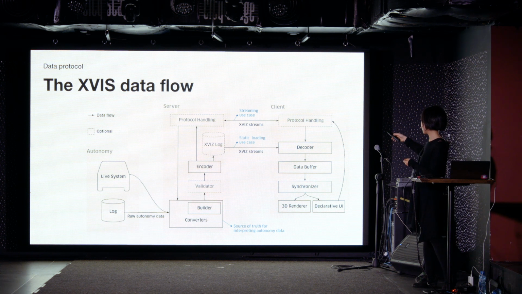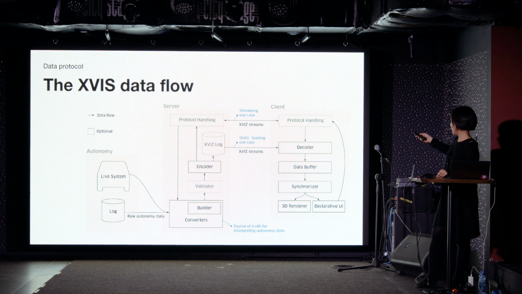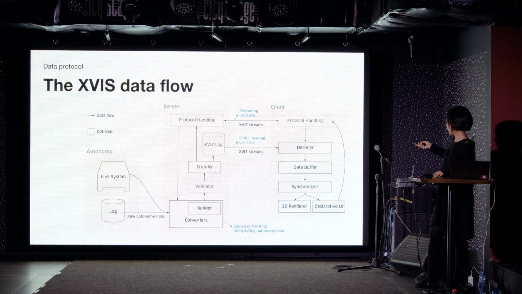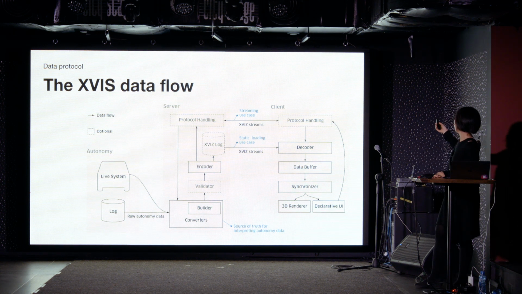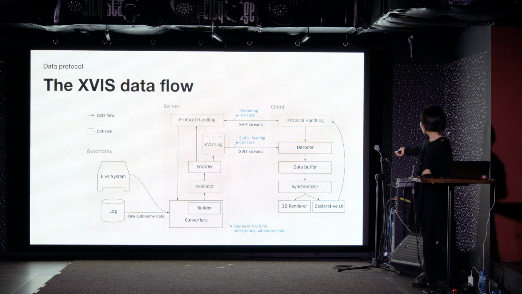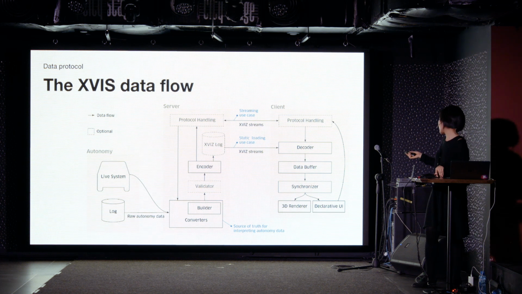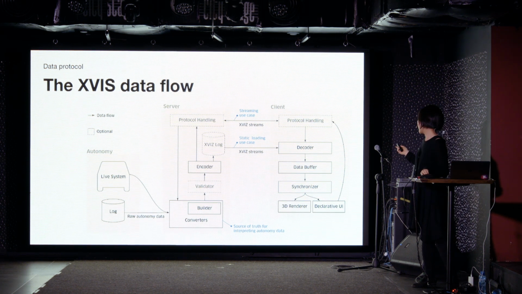Next, this data will go through our server that does protocol handling, and it can be streamed to the client side either through real-time streaming or through static loading, where you can record data and review it later. And on the client side, we have a decoder for the XViz protocol. And then at the very end, you have the declarative UI, which is Streetscape.gl, to show the information you want to see.